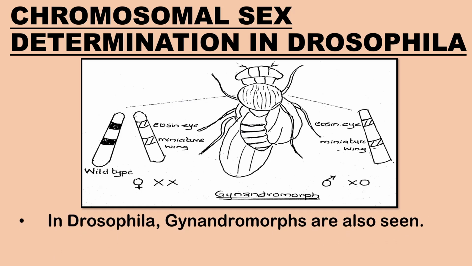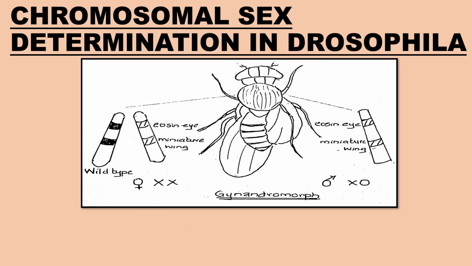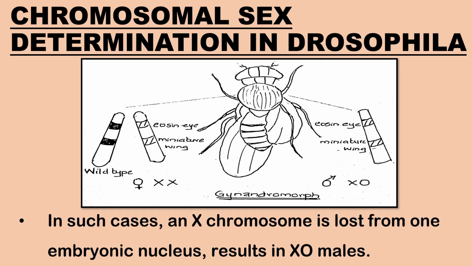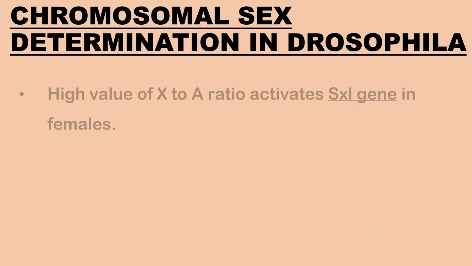In some Drosophila, certain portions of the body are male and other portions are female. They are called gynandromorphs. In these cases, an X chromosome is lost from one embryonic nucleus and therefore results in XO males.